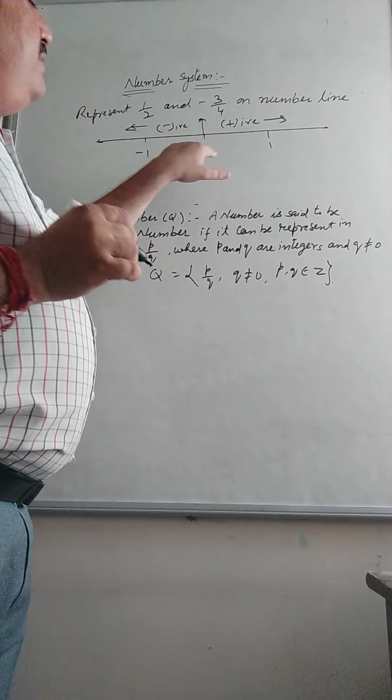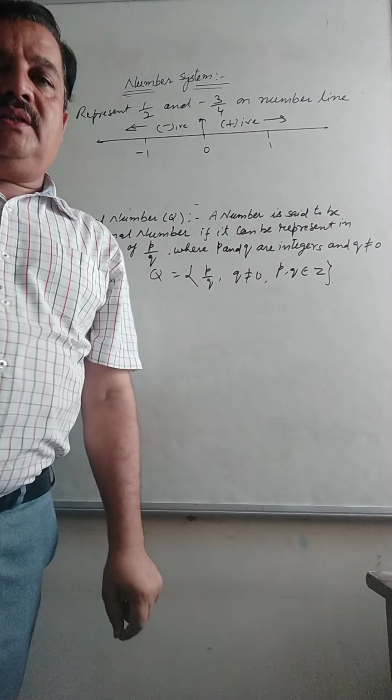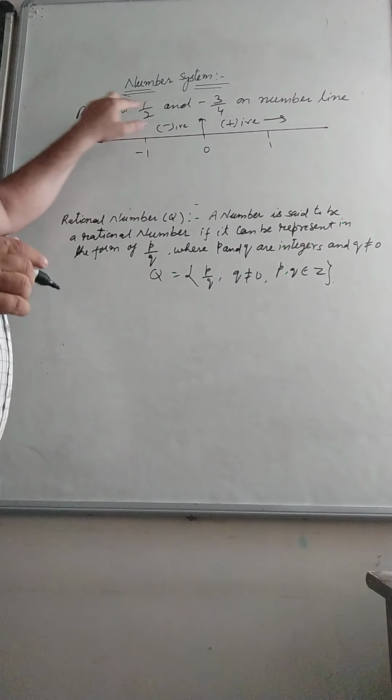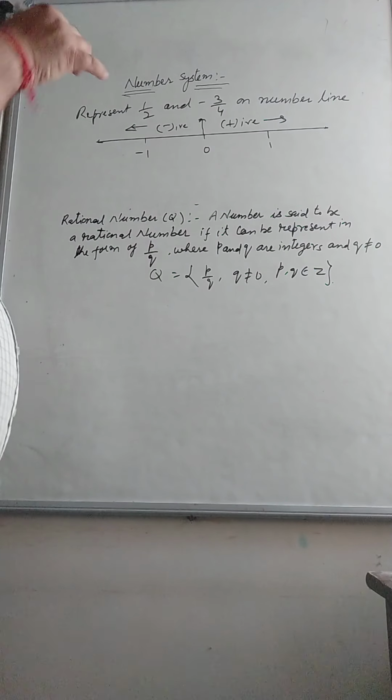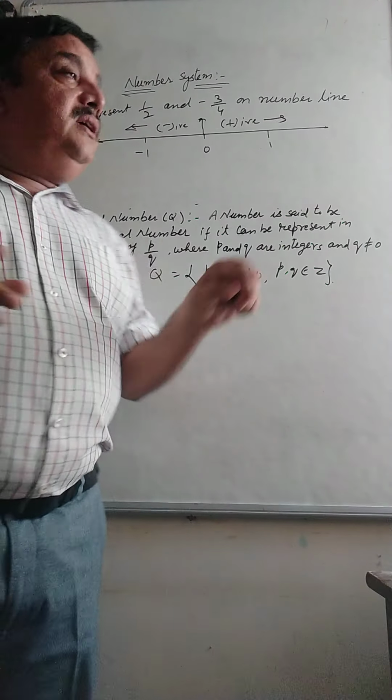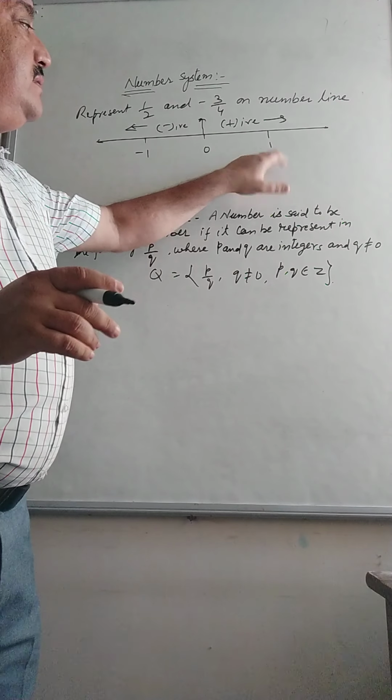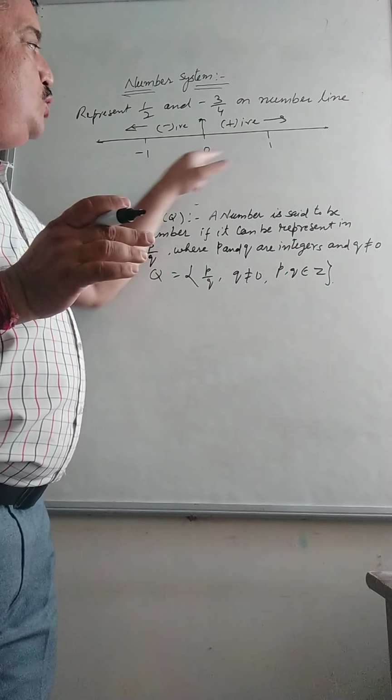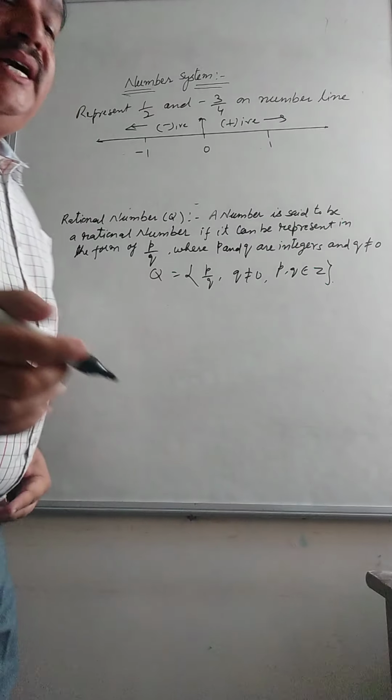This number will lie between 0 and 1. The denominator is 2. It means we will divide the space between 0 to 1 into 2 equal parts.